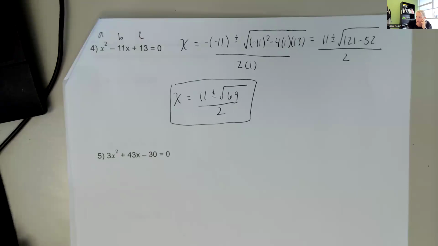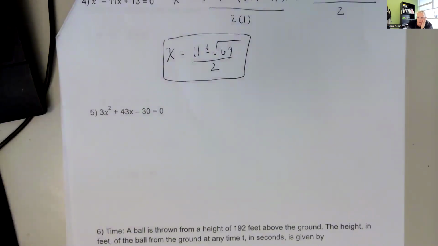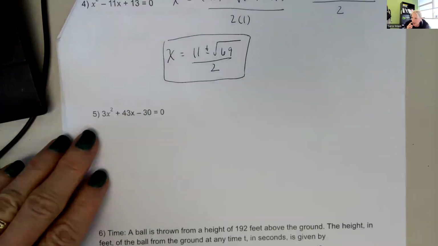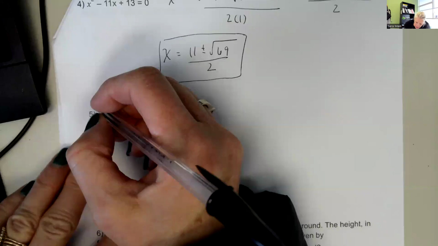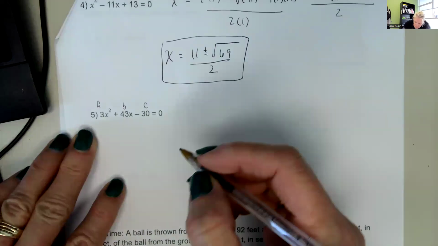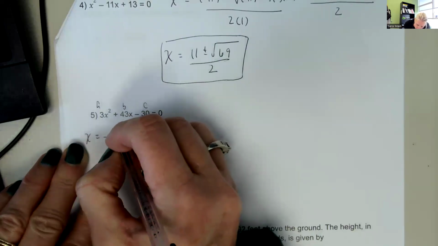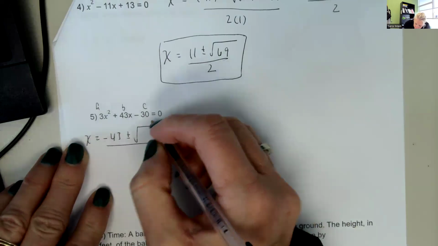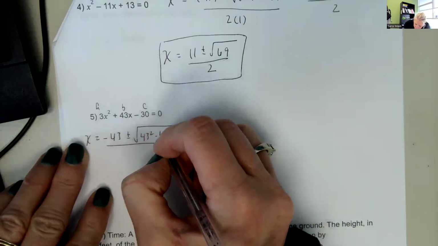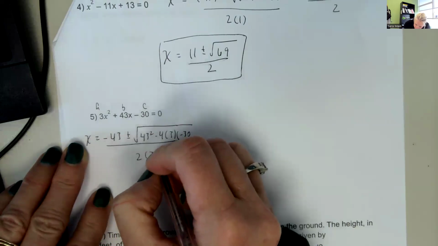So let's look at number 5. Number 5, we have set up nicely as well, with A, B, and C. And so we can set this up as x is equal to the opposite of 43 plus or minus the square root of 43 squared minus 4 times A times C, all over 2A.